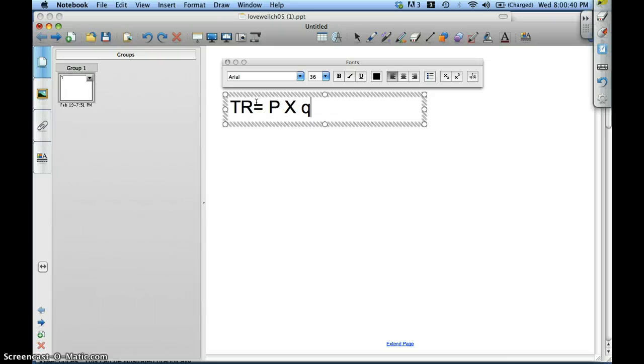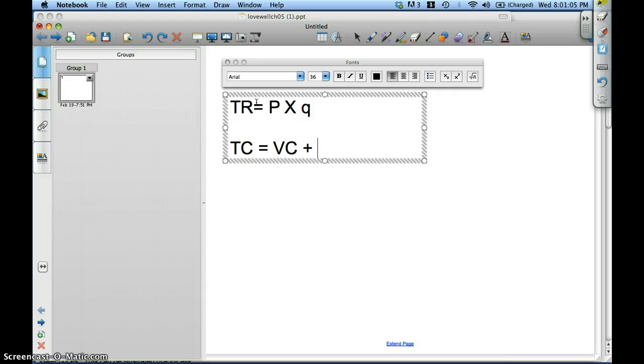Recall that the sum of variable costs and fixed costs equals total costs. So total cost equals variable costs plus fixed costs.